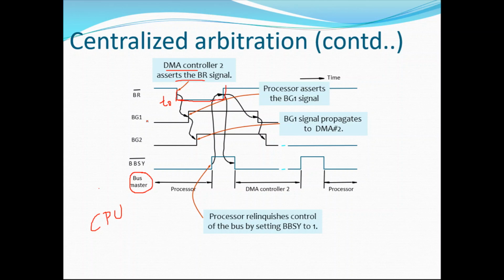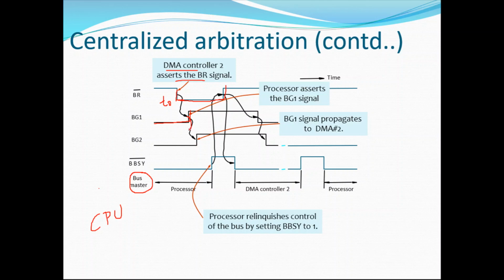Who is the arbiter granting the bus to? Initially it is granting the bus to DMA controller 1, that is, the processor asserts the BG1 signal. But DMA controller 1 does not need the bus. So what happens?